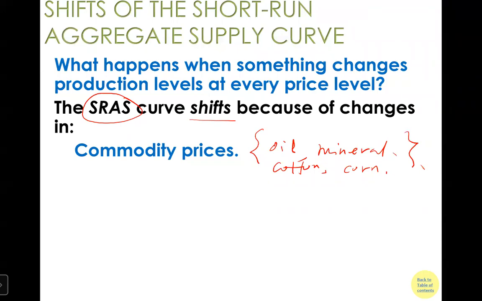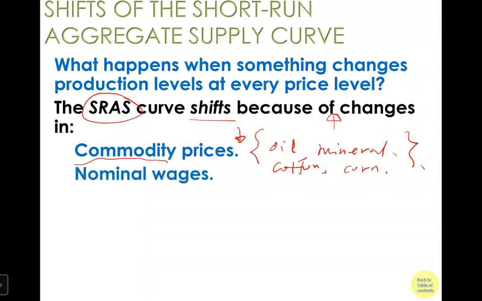This commodity essentially is the basic ingredients we need for manufacturing goods. So if the price of those commodities declines, that is going to increase profitability. Hence, that is going to boost aggregate supply in the short run. So this is the first factor.